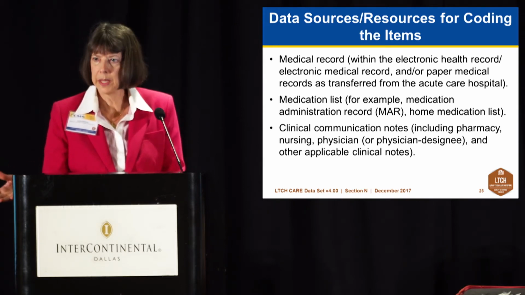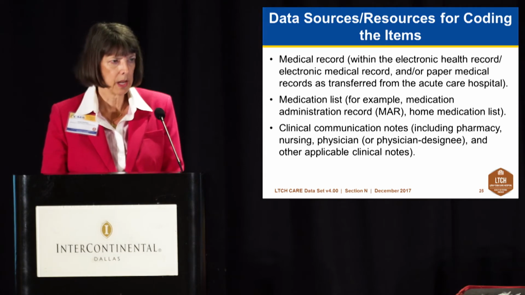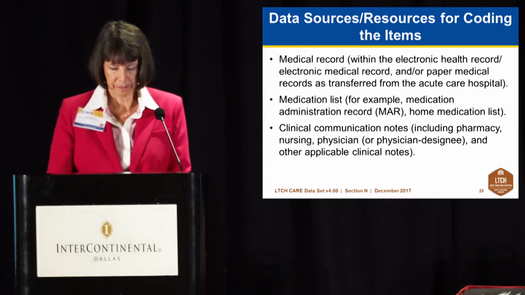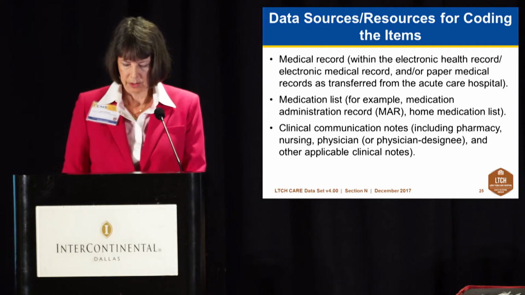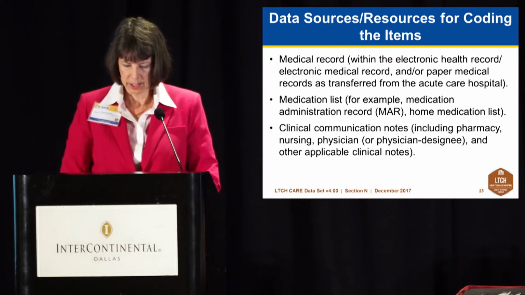First of all would be the medical record, and you may have electronic healthcare records, electronic medical record that you would be reviewing, and other forms such as paper medical records that were transferred with the patient to your facility from the acute care hospital or other facility.